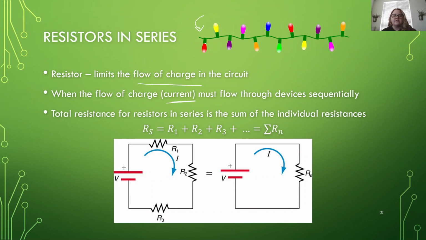These typically will be, or actually all the time, are in series, and that's why when you have a string of lights and one of the light bulbs go out, all of them will go out. Okay, they'll have like certain sections of this, but say if this one goes out and stops working, then this whole thing will stop working because that flow of charge is no longer going through that light bulb and continuing here.